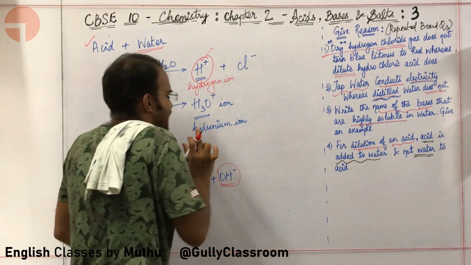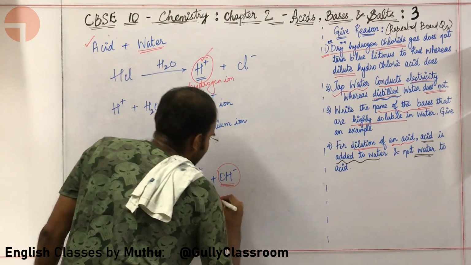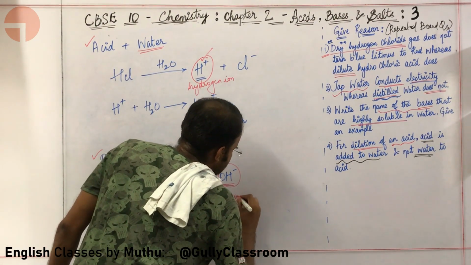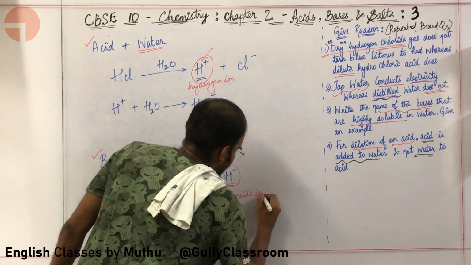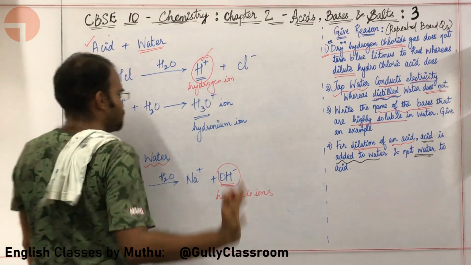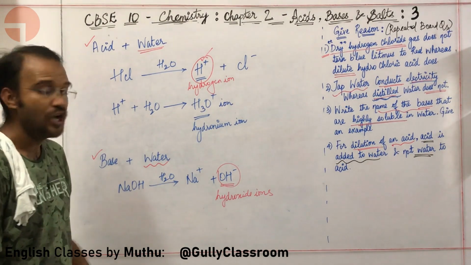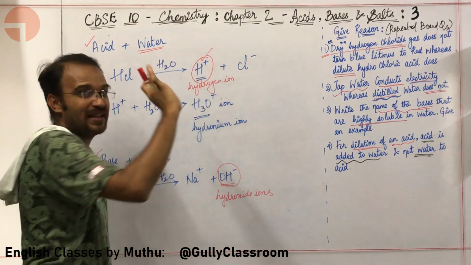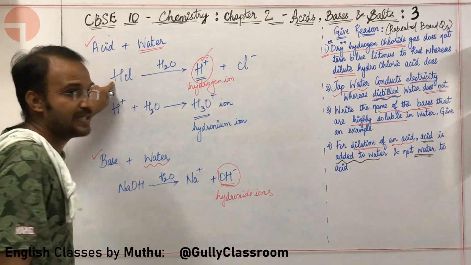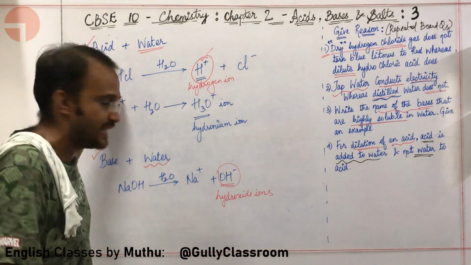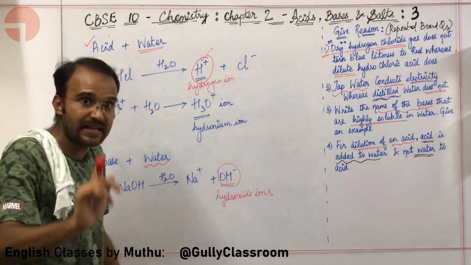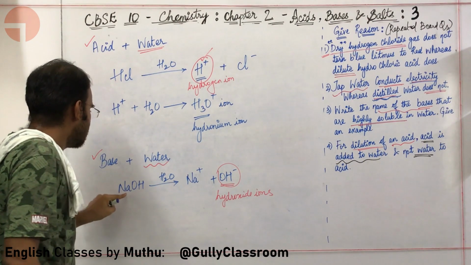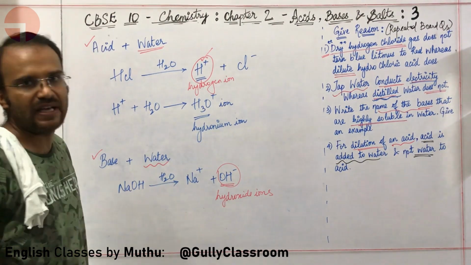NaOH is behaving as a base because of hydroxide ions, OH- ions, that are formed when NaOH is dissolved in water. So, if H+ ions are not formed, HCl will not behave as an acid. If OH- ions are not formed, the base NaOH will not behave as a base.